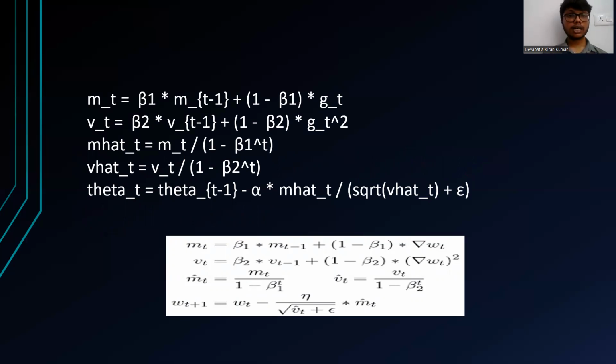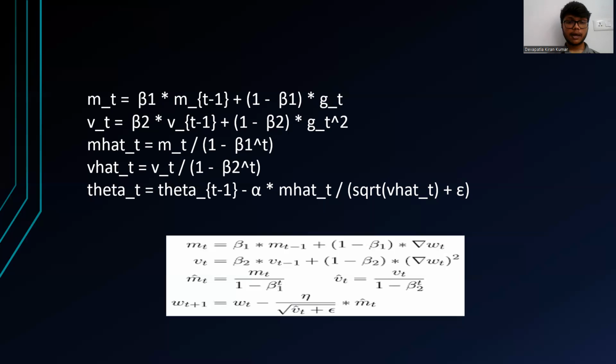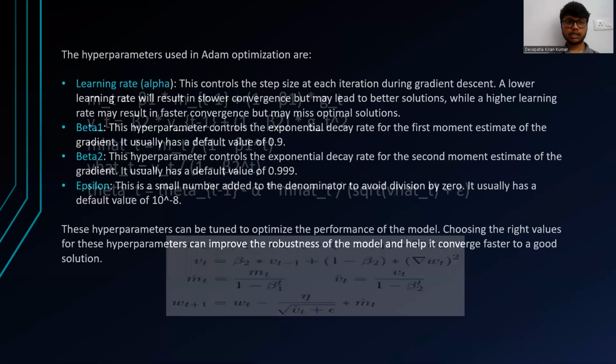Here m equals beta 1 times m at t minus 1 plus one minus beta 1 times the gradient, and similarly for v with beta 2. Here in this picture we can clearly see the mathematical notation of the Adam optimization algorithm.